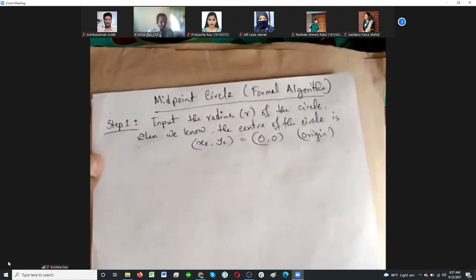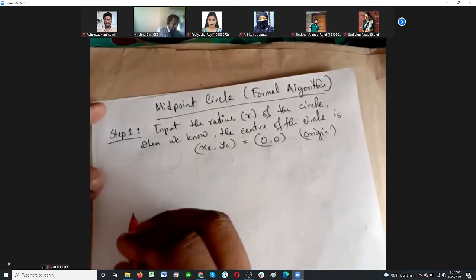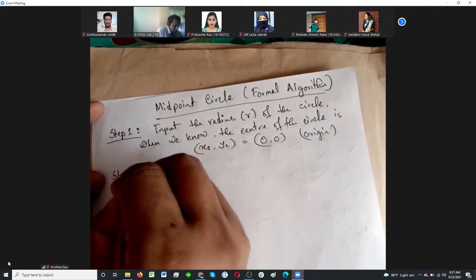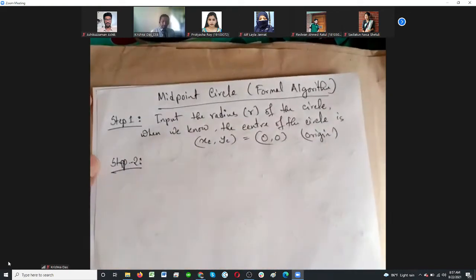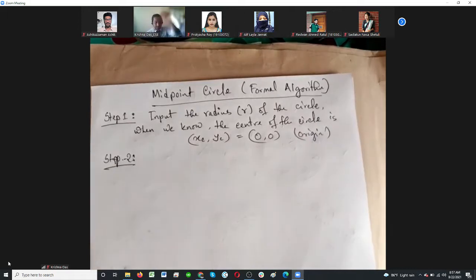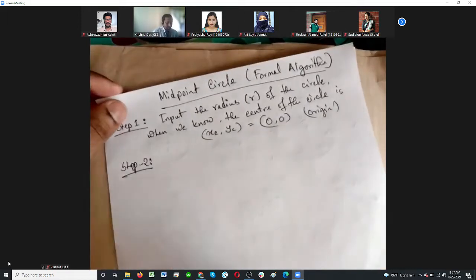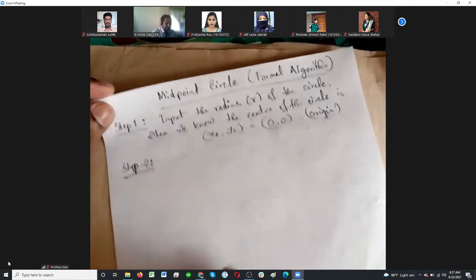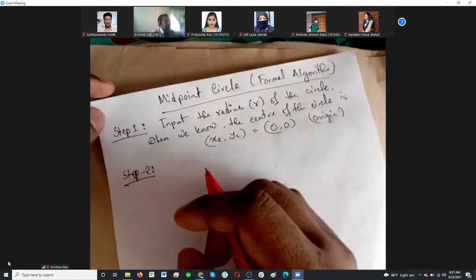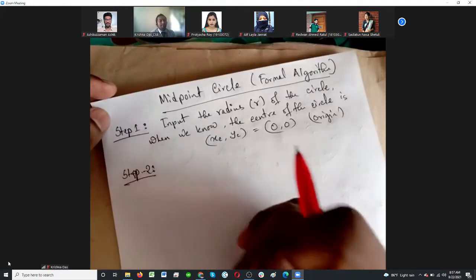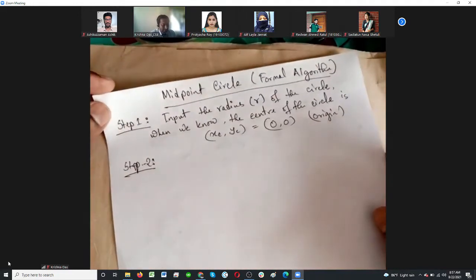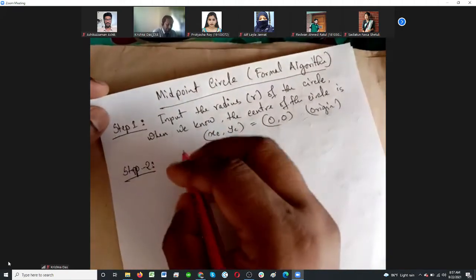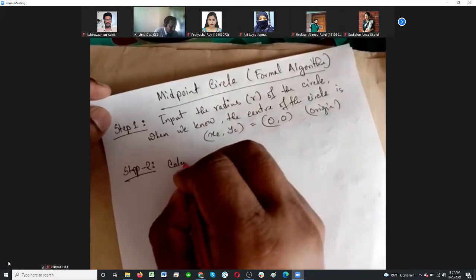Now in the second step, we have seen that we need to calculate the initial decision parameter, and we have got a formula that you can remember about the initial decision parameter for the Bresenham. Like the same way we reach at some point the initial decision parameter for this algorithm as well.